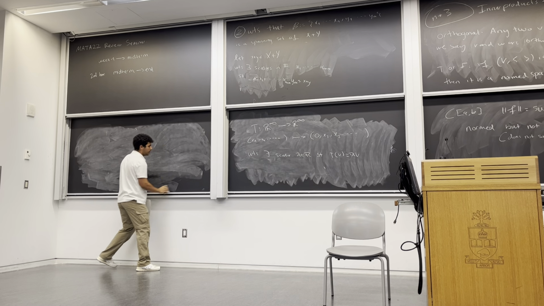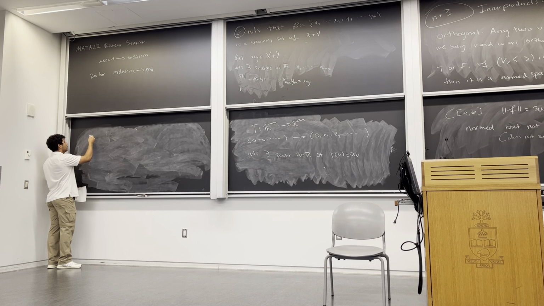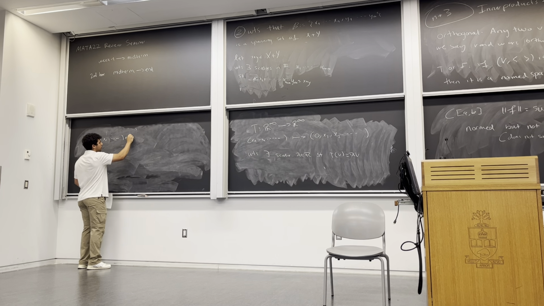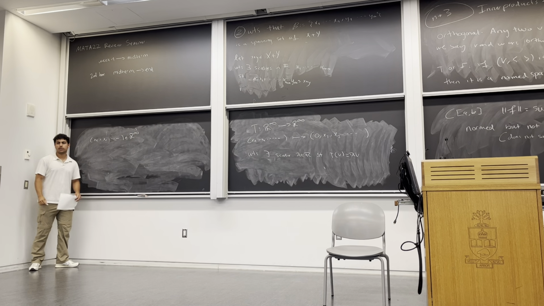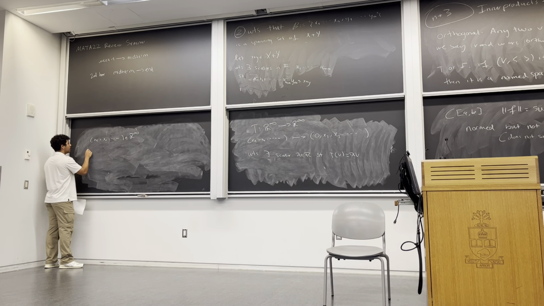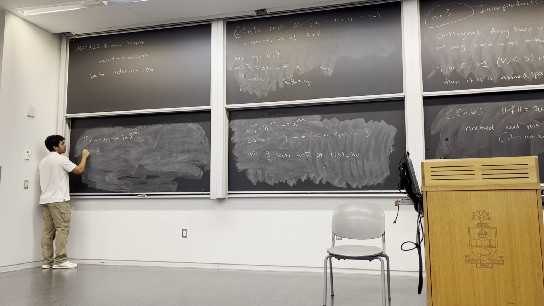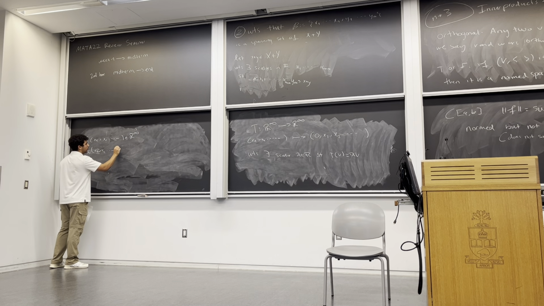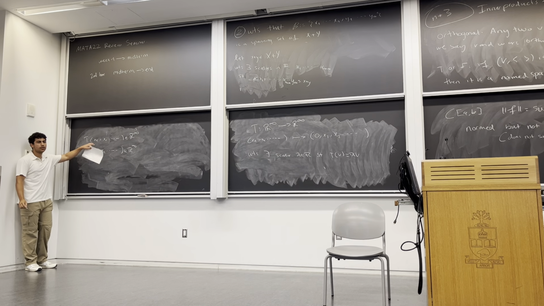So what's our left-hand side? It's just an element (x1, x2, ...) in our l-infinity, the space of all sequences. And then the right-hand side will be lambda times (x1, x2, ...). This will be zero after the transformation.